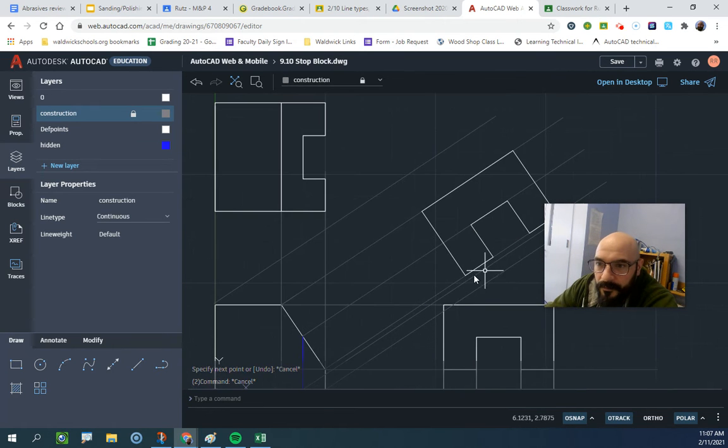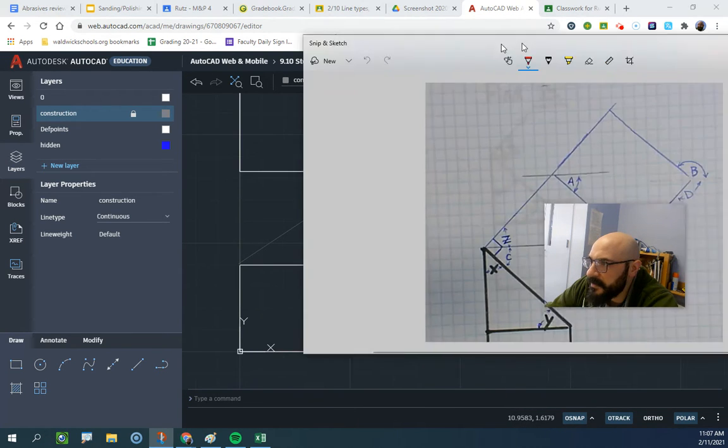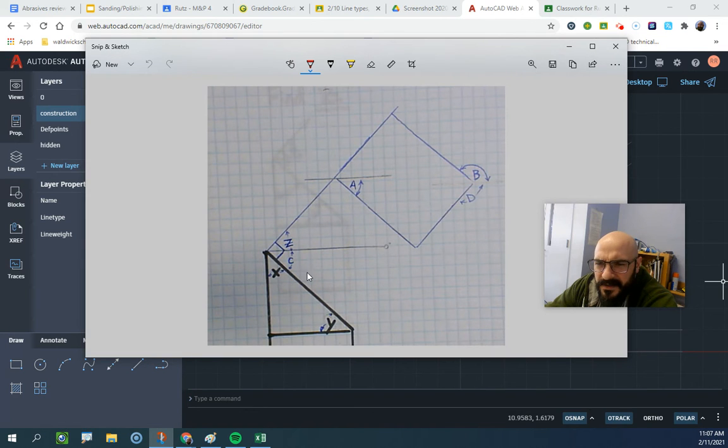Why is that? Going geometry-wise, if this one's 34, then if we drew a straight up and down line here, this is 56. To make this 90 degrees, this is 34. And then if this is 90 degrees, this must be 56. Cool. So we have these relationships that exist in math that allow us to reason through what the measurements should be.